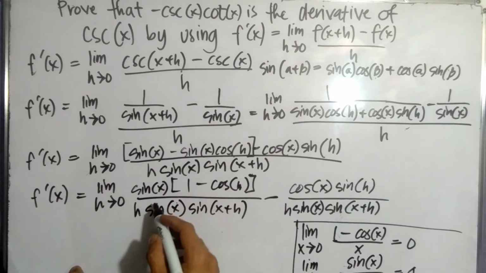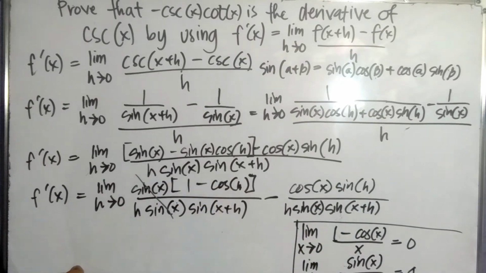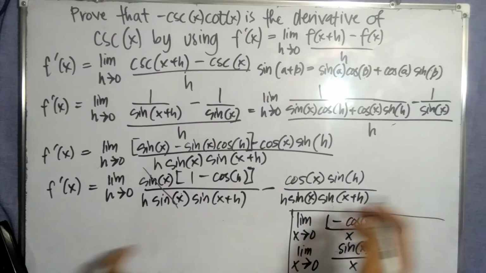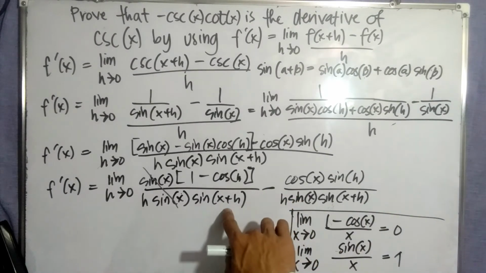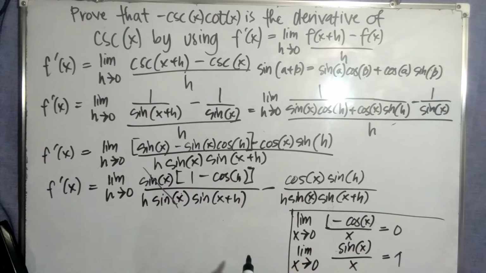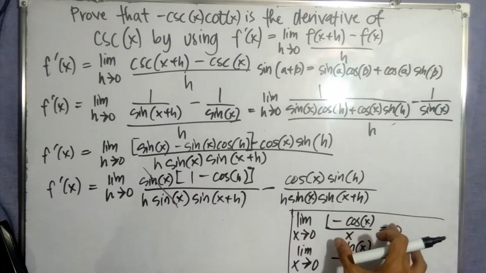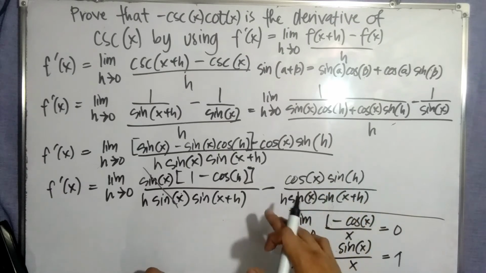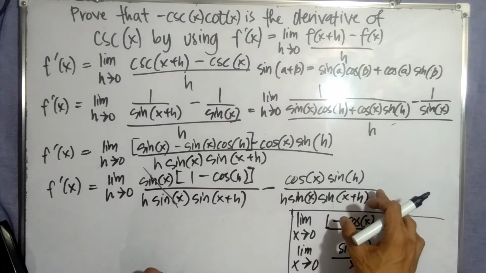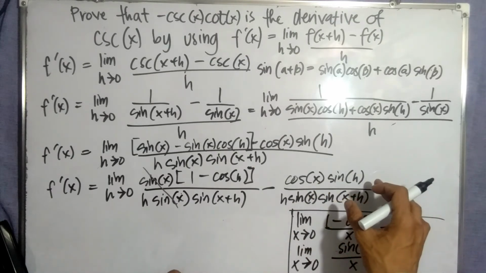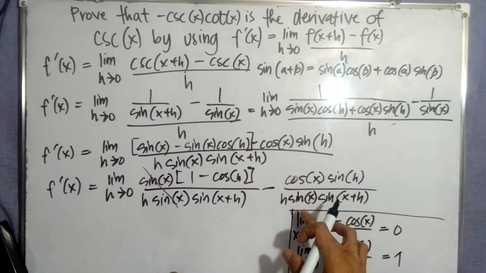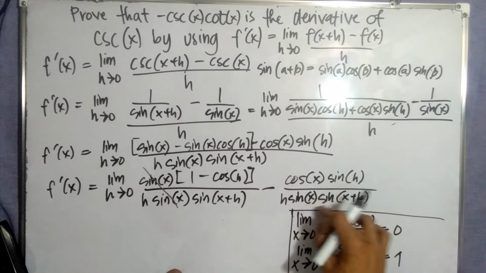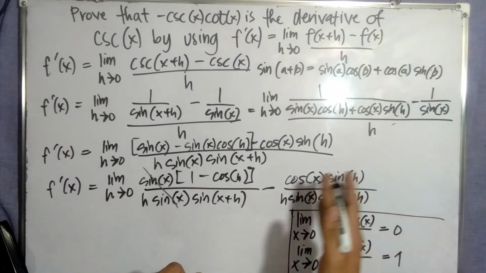So, i-simplify muna natin yung mga equation. So, as you notice, sine x over sine x divide out. I-isolate natin yung sine x plus h sa baba para ma-obtain natin tong identity na to. Then, dito naman, i-isolate natin yung cosine x. Then, i-evaluate natin yung sine h over h. So, etong sine x and sine x plus h, ilalabas natin siya.